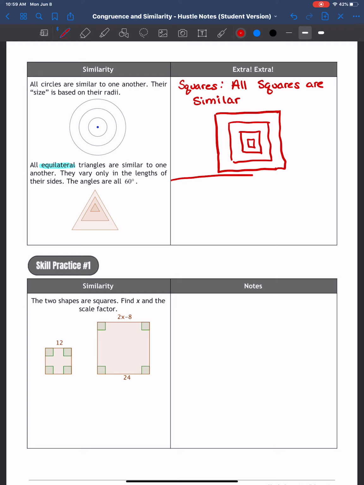So, another little hint is octagons. I can't draw an octagon for my life, so please don't judge my terrible octagon.